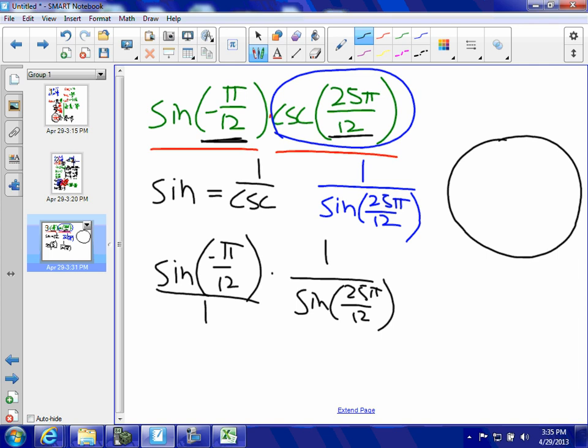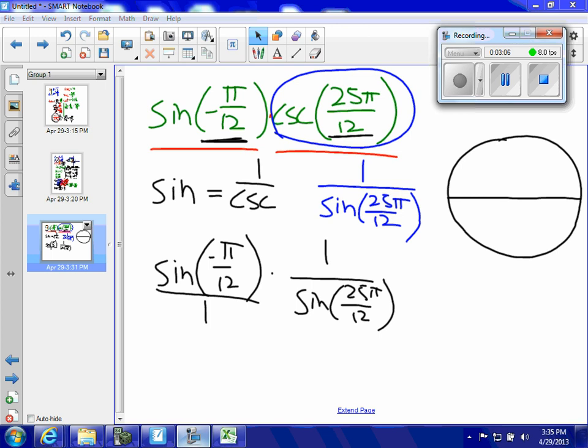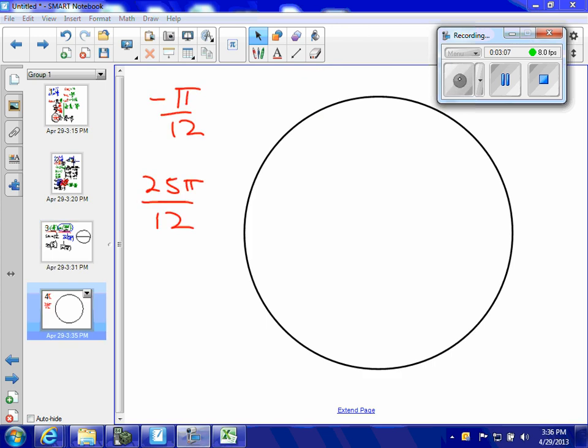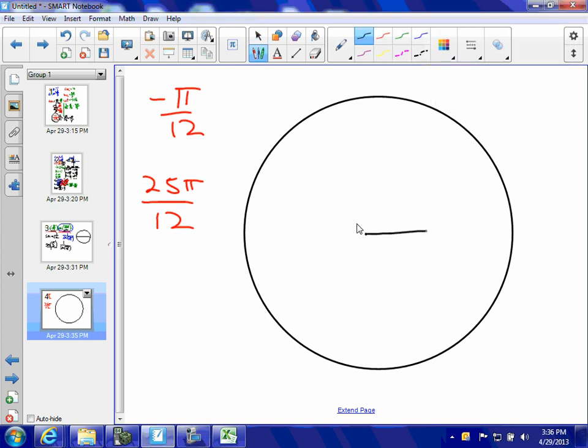Let's do this on another page. I want to find out what angles these two angles are coterminal with. So I have a unit circle here.